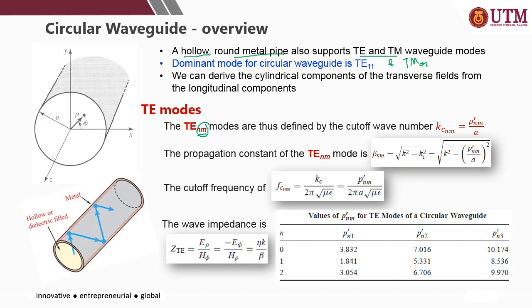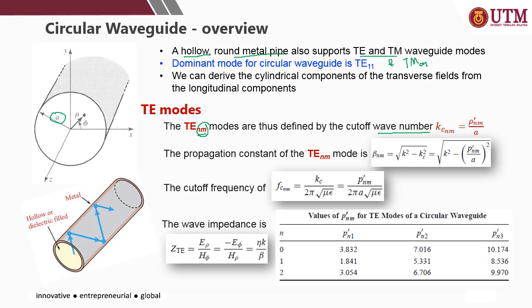Right, so for TE modes, as in the rectangular waveguide, the wave propagates in a zigzag motion as well, where the wave is reflected at the edge of the metal wall. The TE modes are defined by the cutoff wave number k_c,NM, which can be calculated by rho prime NM divided by a, where a is the radius of your circular waveguide.